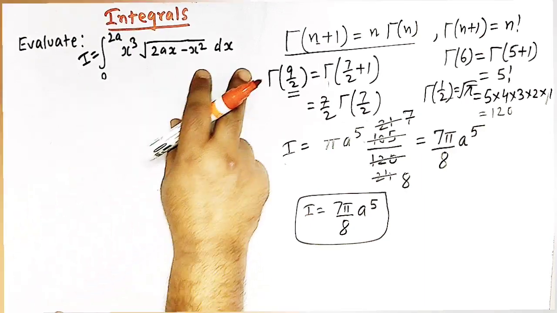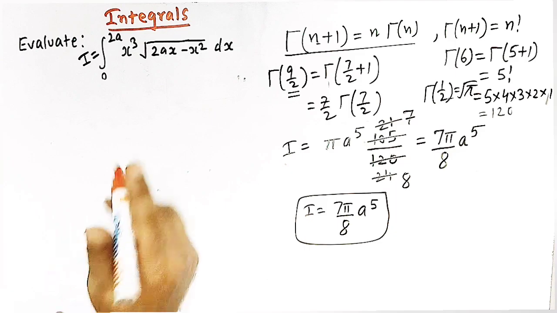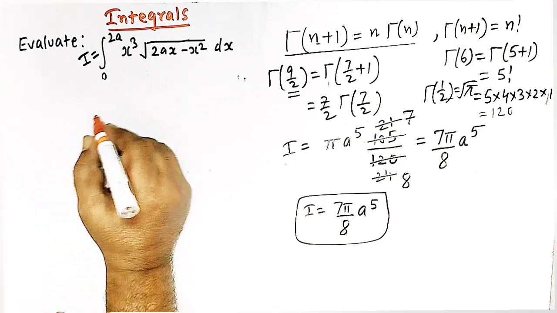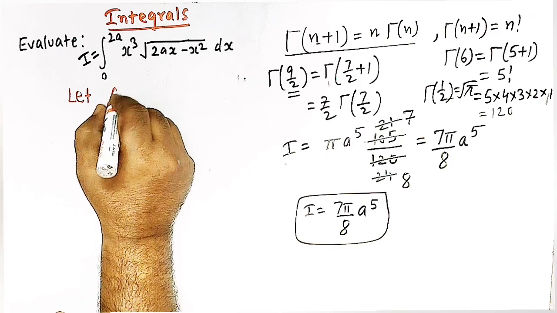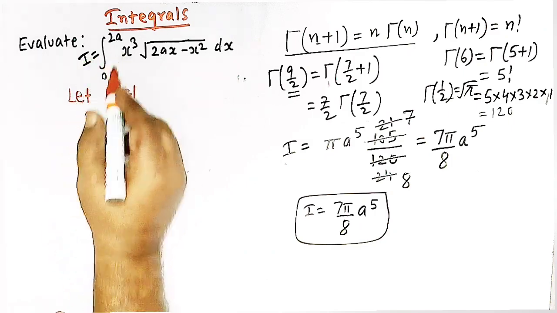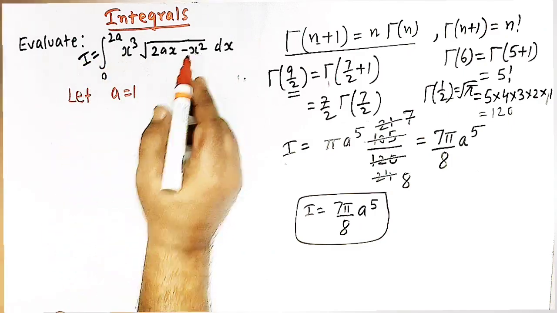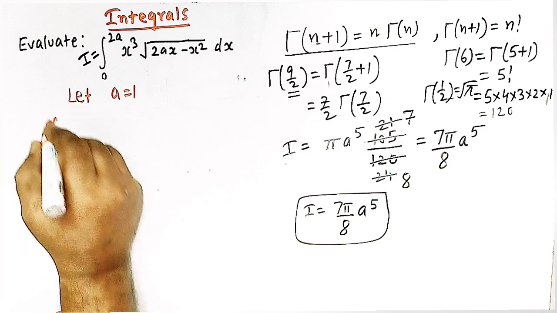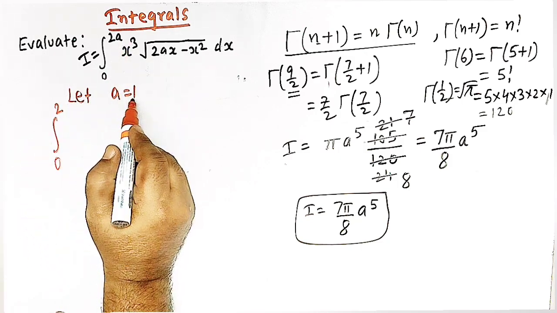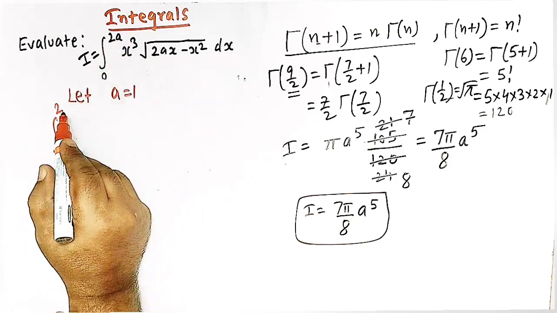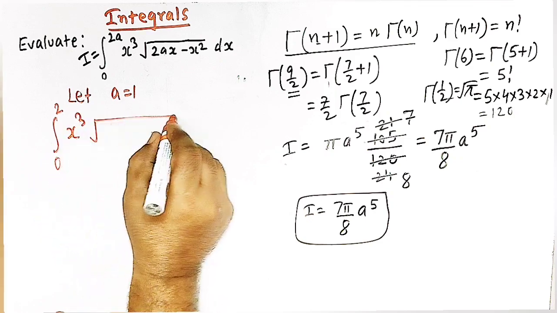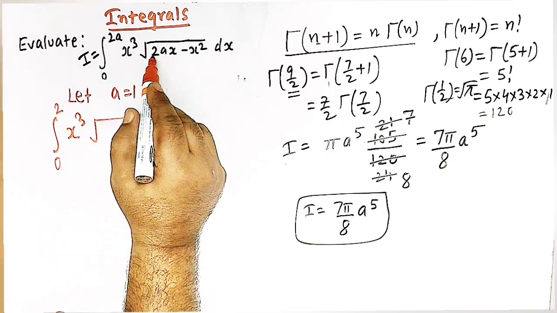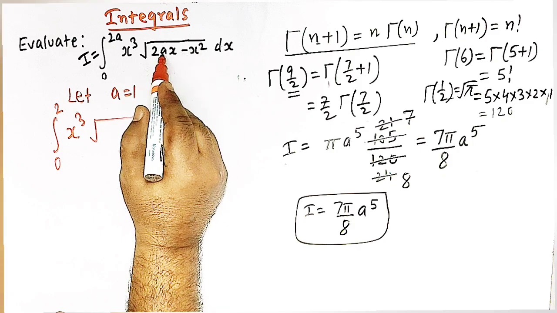So now here we can make an important deduction by taking a special value of a. Suppose we take a is equal to 1, right? Then we have this integral that is 0 to 2, because we are taking a is equal to 1. So 2 times 1 is 2. Here we have x cube and square root of 2ax minus x square. So a is 1.